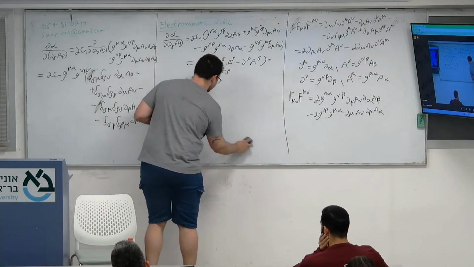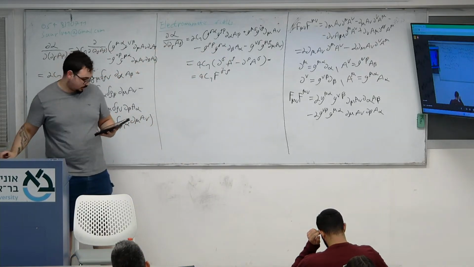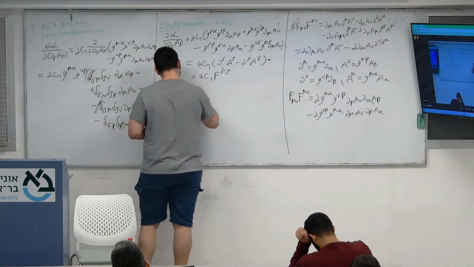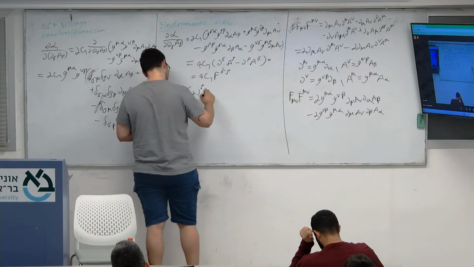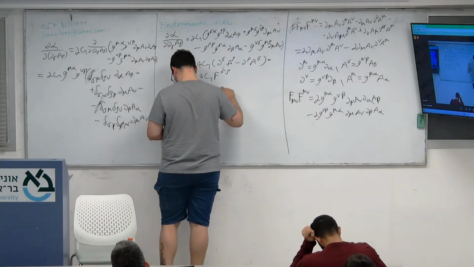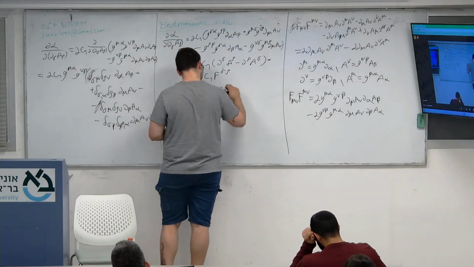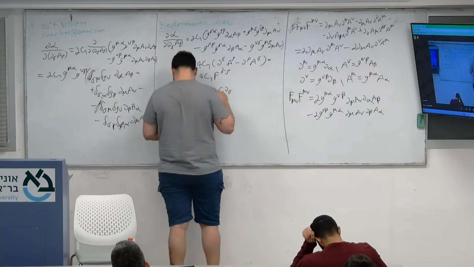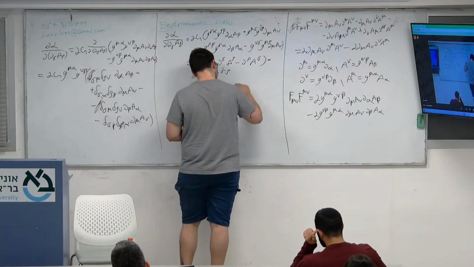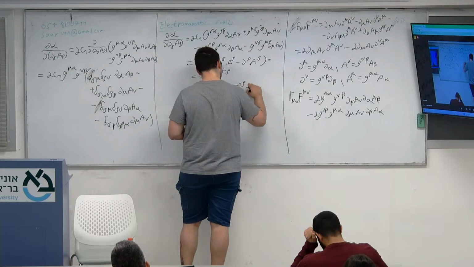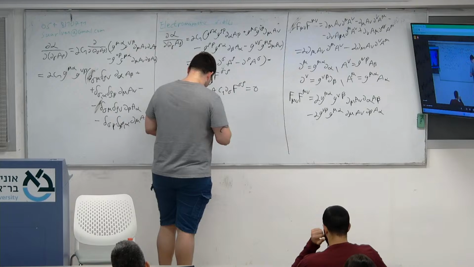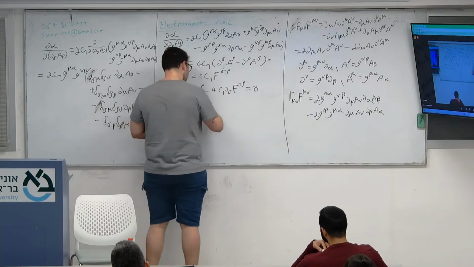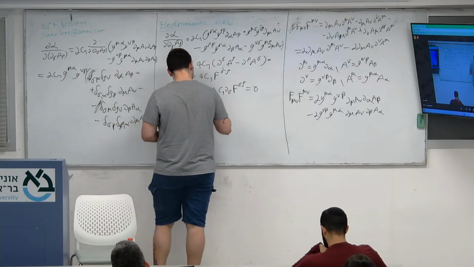And the Maxwell equation at the end will be C2 J rho minus 4 C1 derivative sigma F sigma rho equals 0.